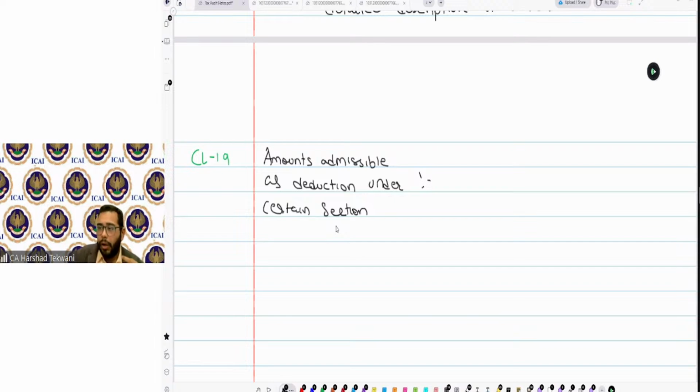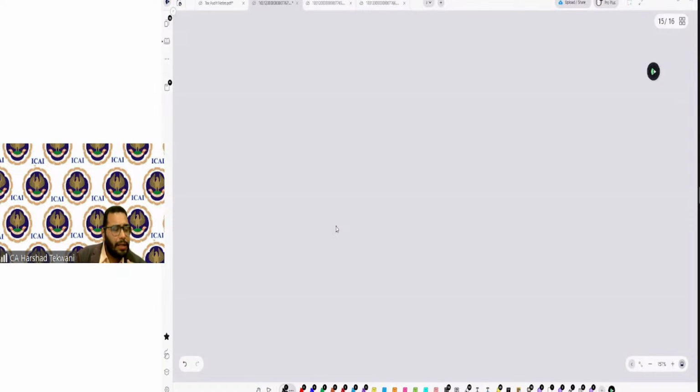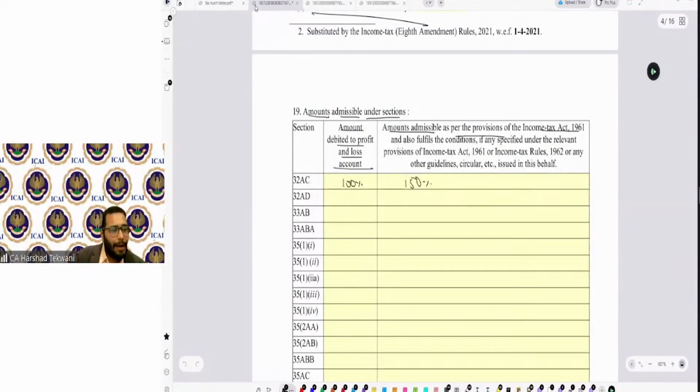Now here the question comes: is it necessary that the amount should be debited to profit and loss account? See, here the term which is used in the Form 3CD basically is amount debited to profit and loss account. What if I have not debited amount to the profit and loss account, still I'm getting the deduction?